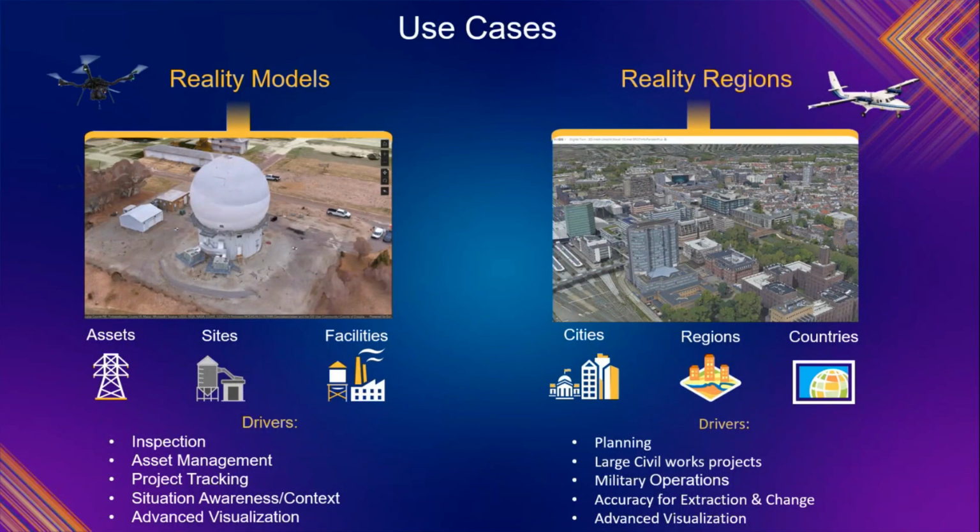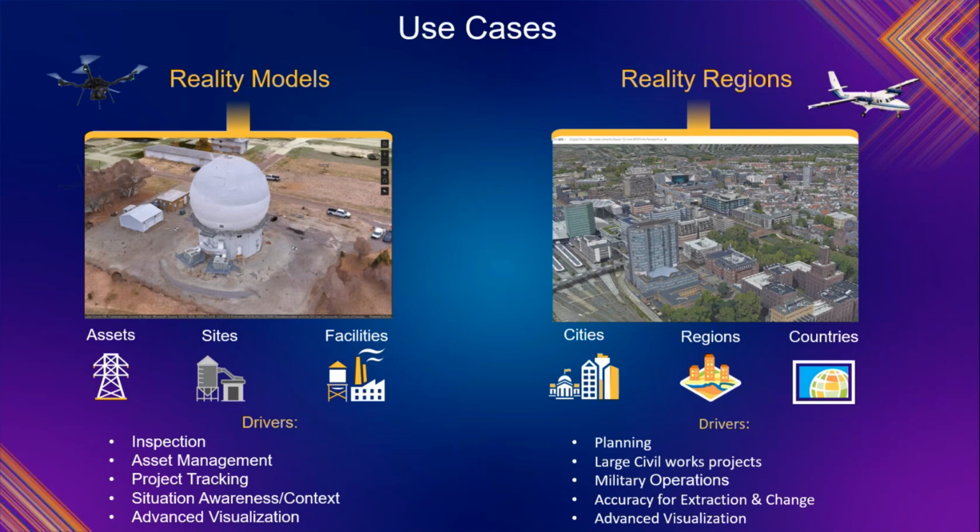Models are typically very detailed representations of a particular aspect. It could be a radar dome or something like that, where you want a real accurate representation of it, down to the centimeter or millimeter resolution, typically of a small area. And you might have other reality models which cover large regions. It can be a whole country or a whole city.